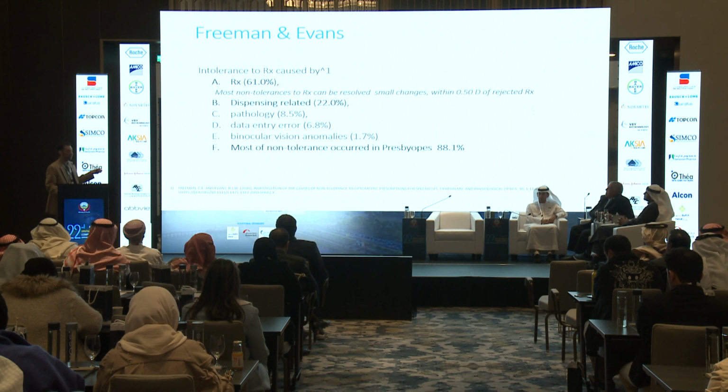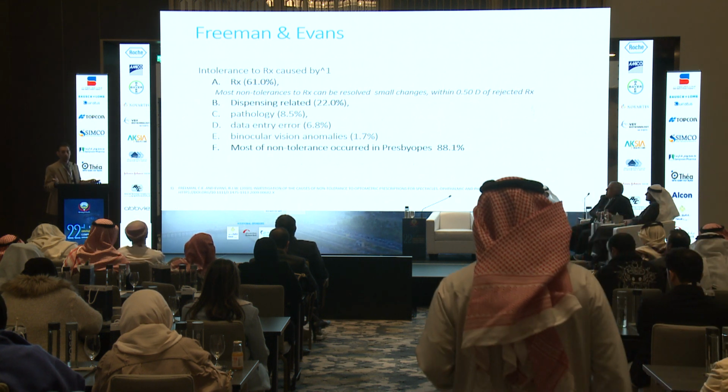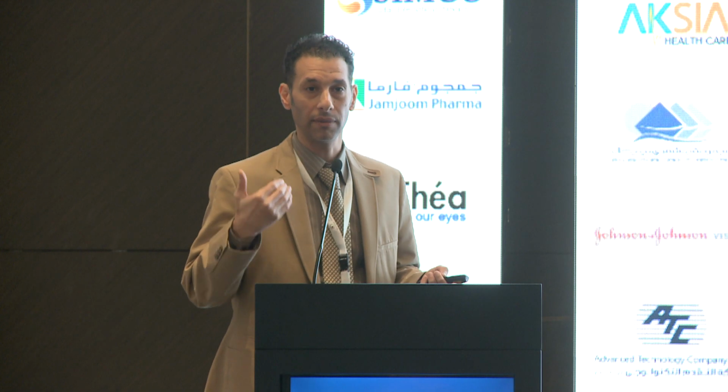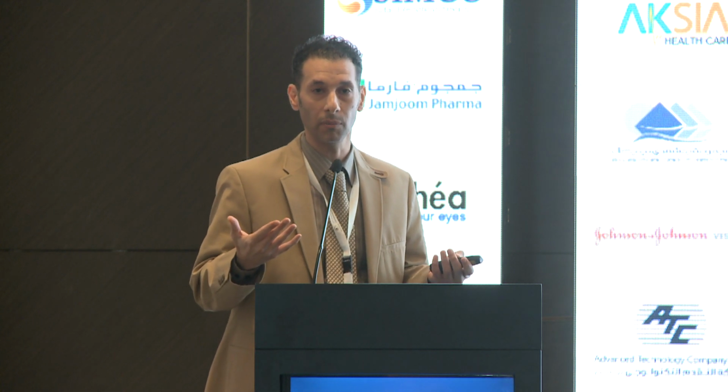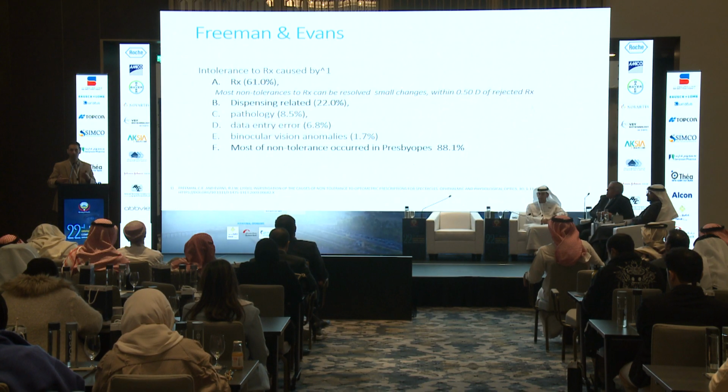Dispensing related, again, maybe the optical centers weren't perfectly lined up. Maybe it was multifocal or bifocal spectacles and the seg heights were inappropriate. Sometimes dispensing problems can be something as simple as communication. You have a new progressive wearer, a new bifocal wearer, and they don't know what they're supposed to be doing. They think their bifocals will allow them to see the computer screen, when in fact maybe they're stuck at 40 centimeters or infinity and there's nothing in the middle.